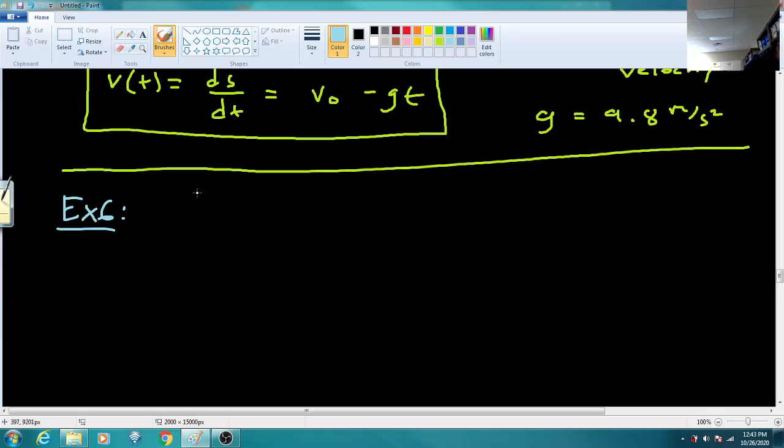So say a stone is shot up vertically with initial velocity of 50 meters per second from an initial height of 10 meters.